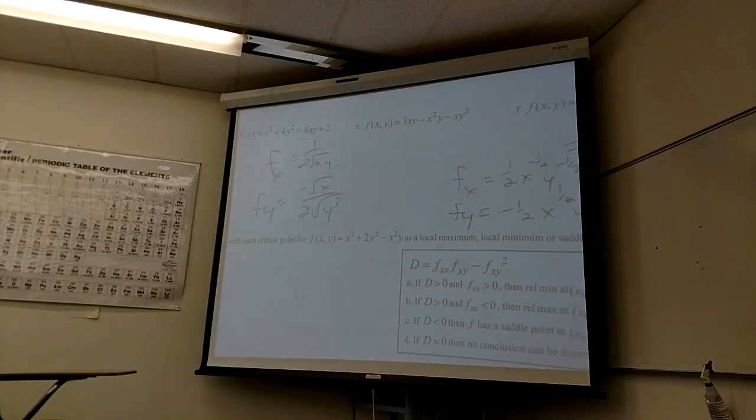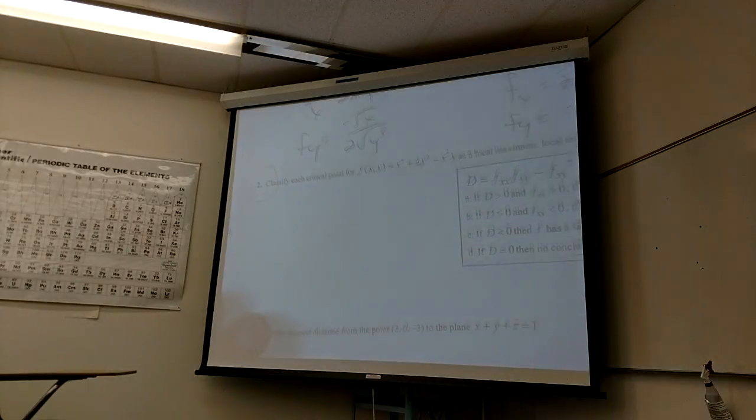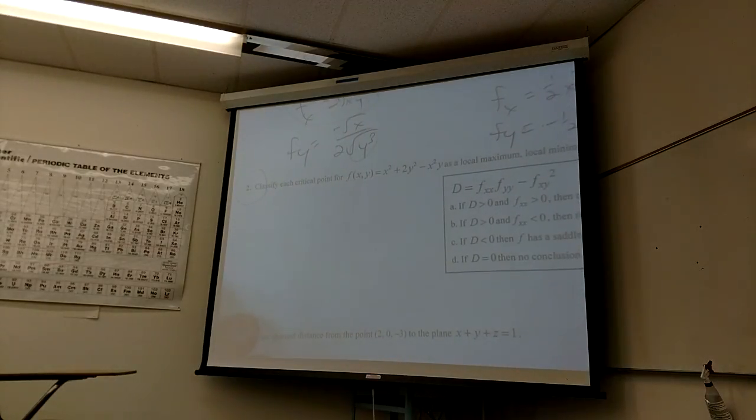So there's nowhere that they both equal 0 or are undefined. You guys see that? So yes, I had multiple problems on here without critical points, but I don't care. I want to show you all the ways you could have a problem that has no critical points. It's actually kind of nice to have no CPs because then you're done. If they're asking you for that kind of problem, you're done. You don't have any critical points to check.